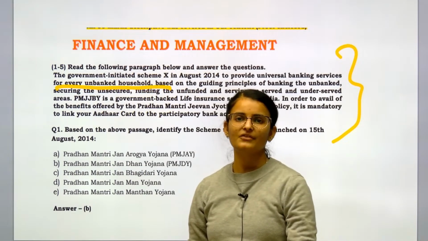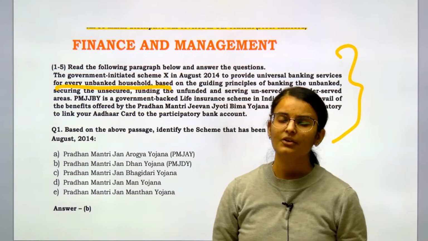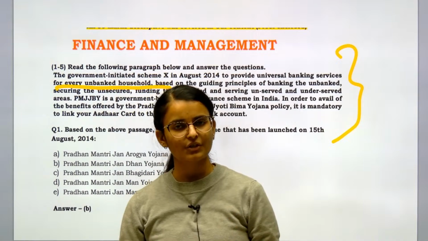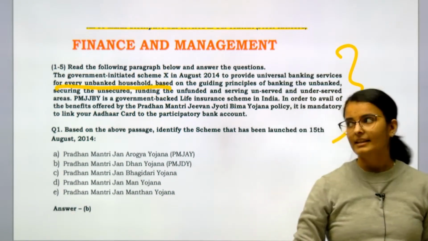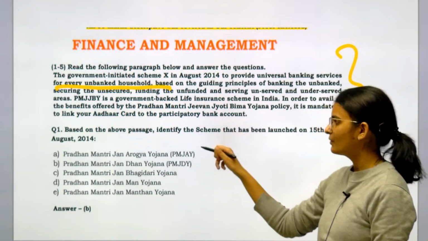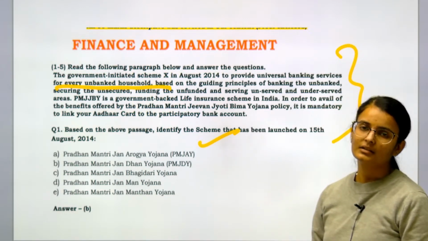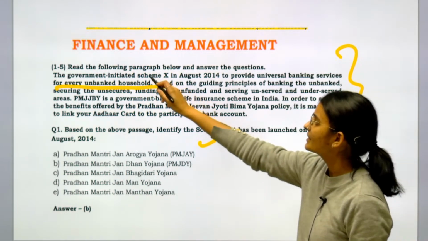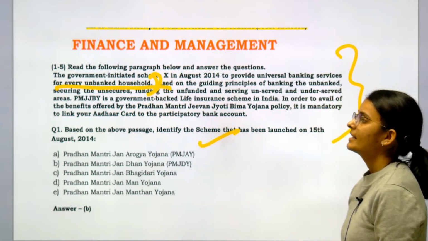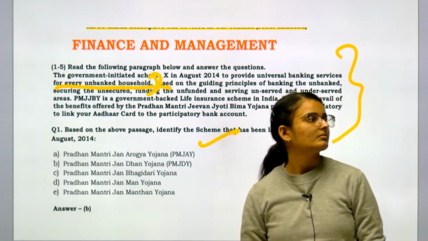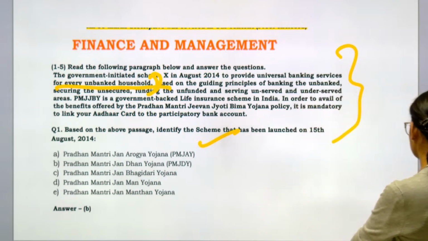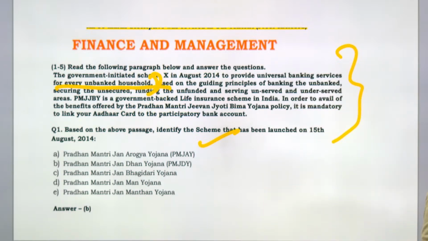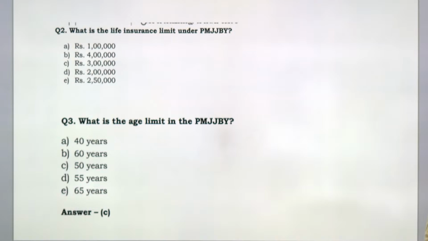That much efficiency is required, because if you waste time reading every question, you will not get time to complete your descriptive. Getting my point? Understand this much and come to the questions directly after reading the statement till here only. Okay? Yes, Jan Dhan Yojana. That's how you'll save your time in the exam.